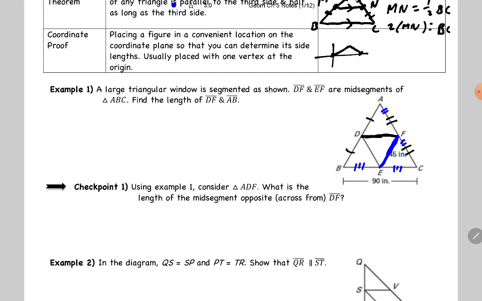So however you look at it from the black perspective or the blue perspective, that's how that works. Find the lengths of DF and AB.